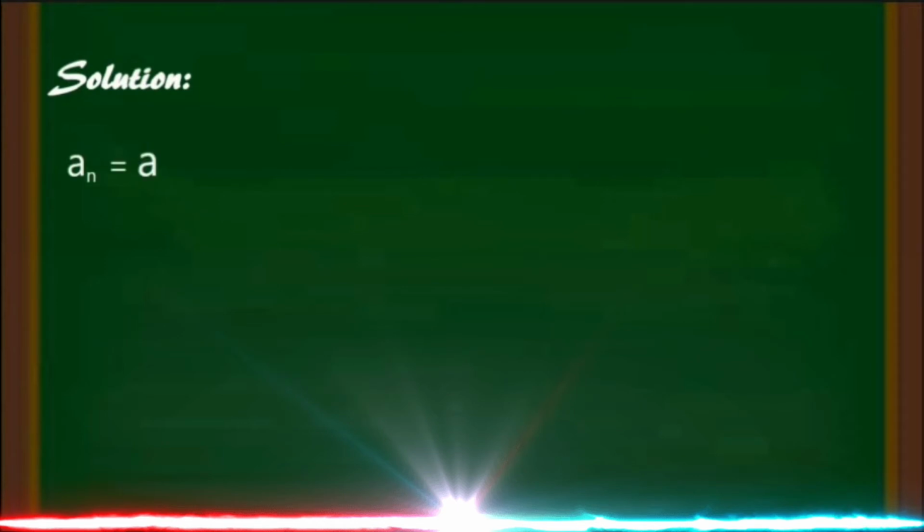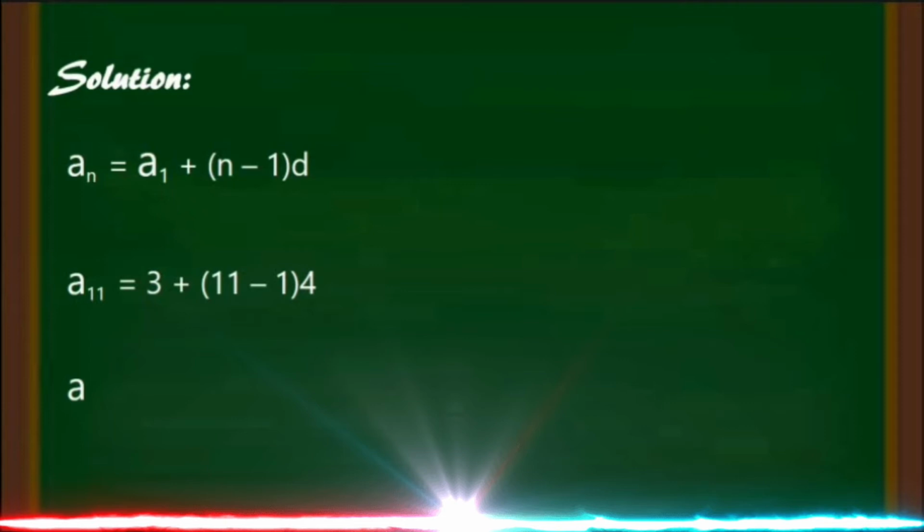A sub n is equal to a sub 1 plus quantity n minus 1 times d. We need to compute a sub 11, which is equal to the value of a sub 1, 3, plus n, which is 11, because in a sub n we substitute n by 11. So we will also substitute n by 11. Dapat pareha silang duha. Then minus 1 times the common difference, where d is 4.